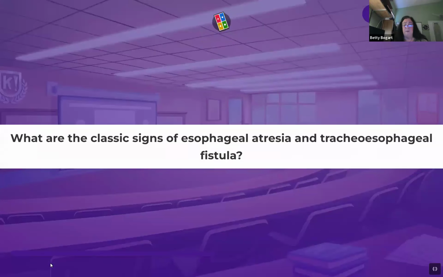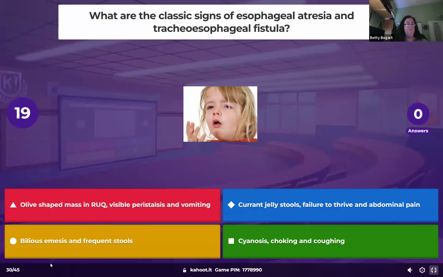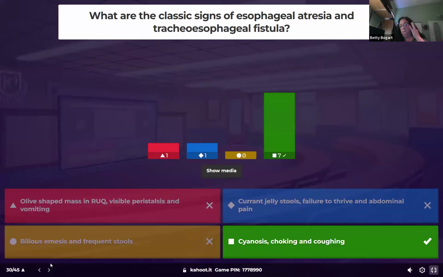What are the classic signs of esophageal atresia and tracheoesophageal fistula? So when you have this fistula, and with your own spit, you're still going to be having mini aspiration.